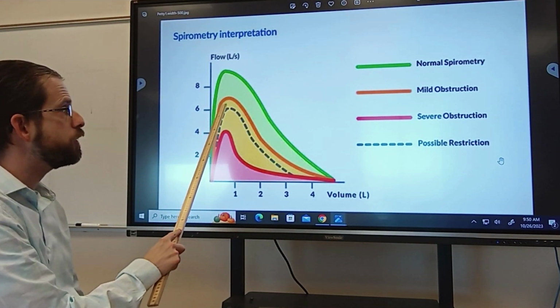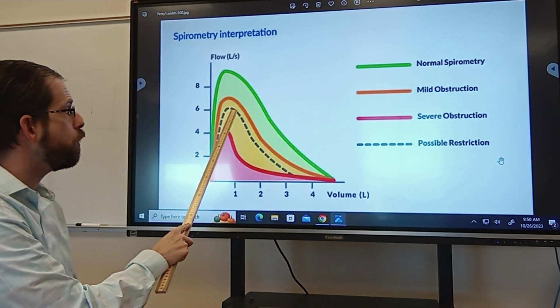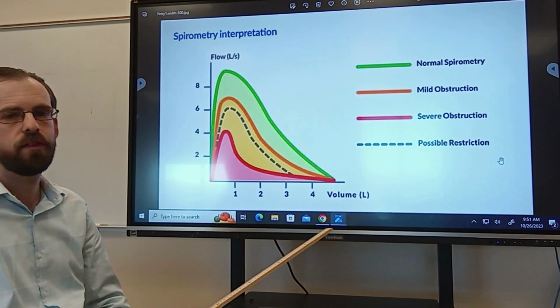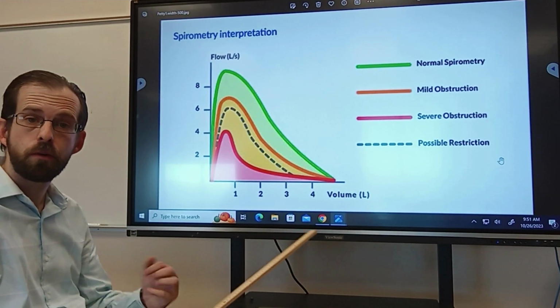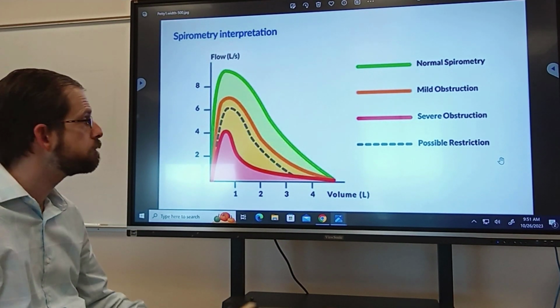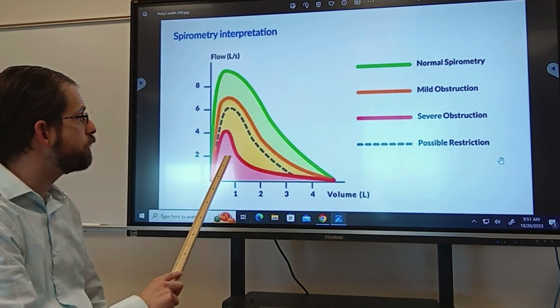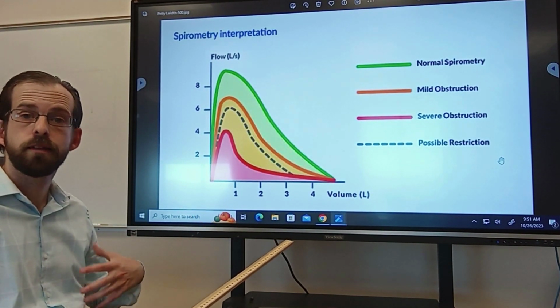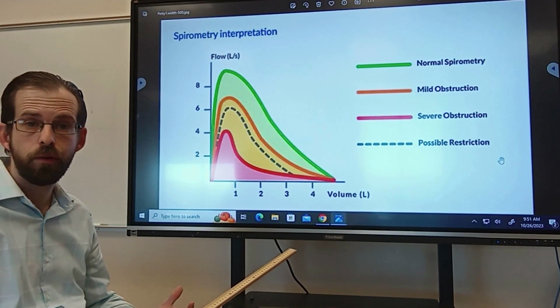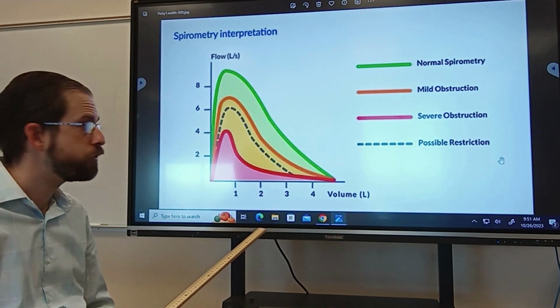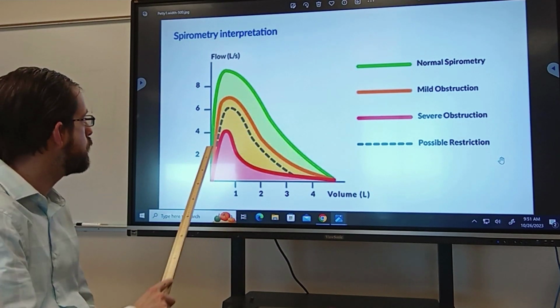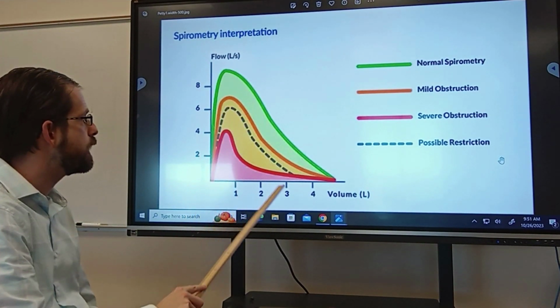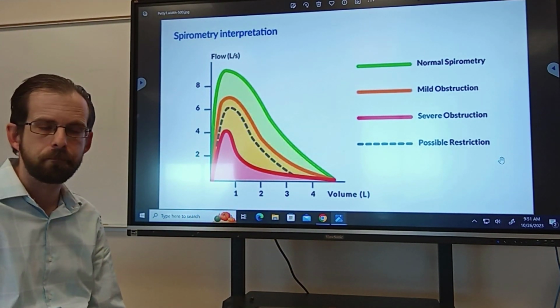And then as you start to see it go from green to orange, that's telling us that there is something wrong in the person's lungs. Red means severe obstruction, meaning that the lungs are not exactly healthy, according to the spirometry. And then the black dotted line would be possible restriction.